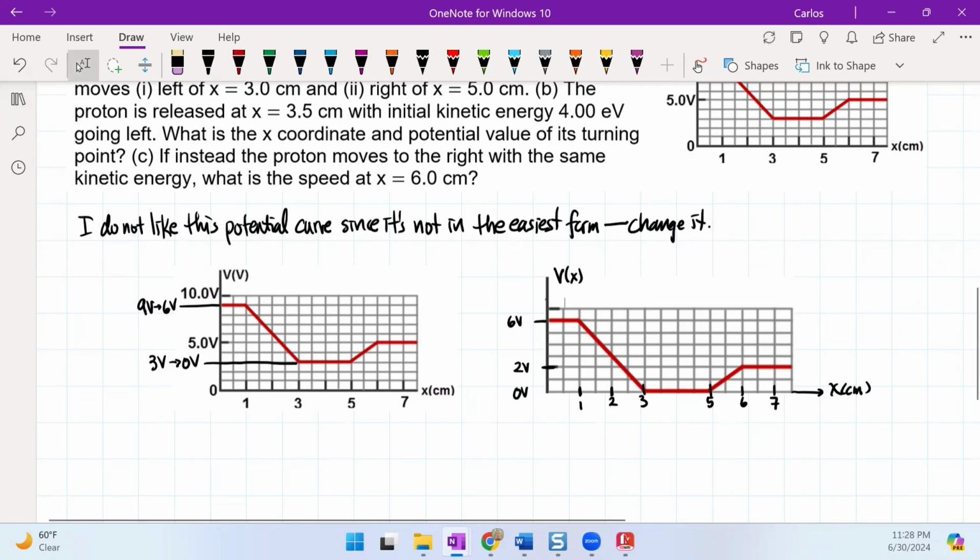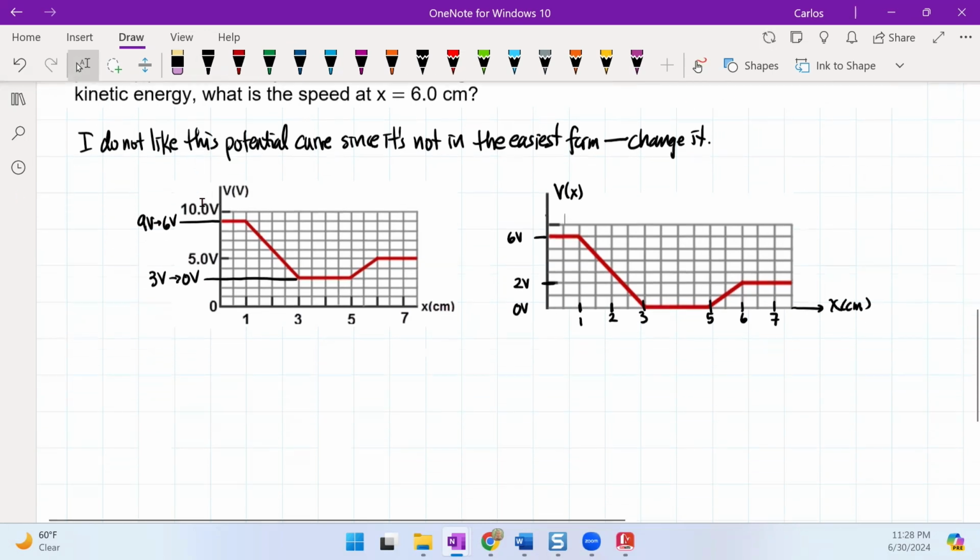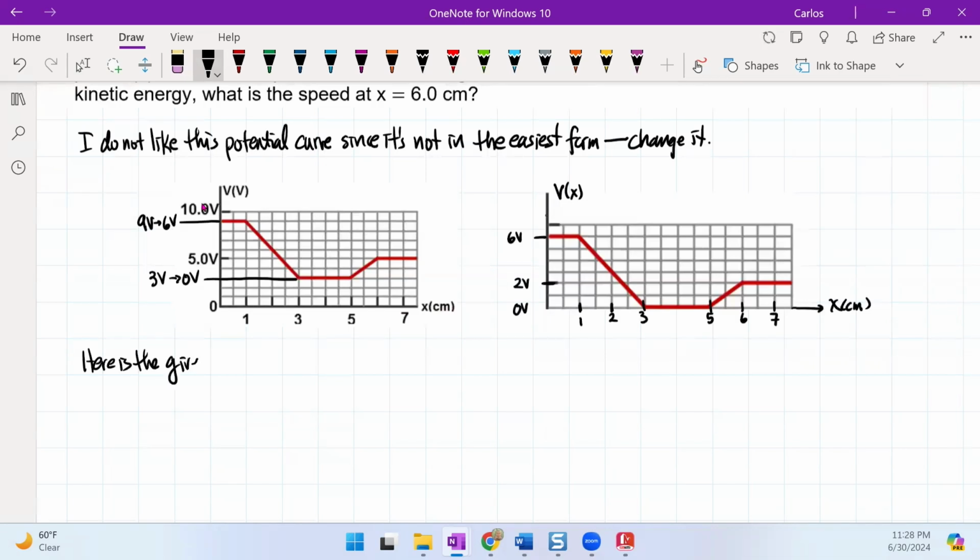So now that I have that, I want to go in and start to look at what we are looking at here. Here is the given potential landscape.